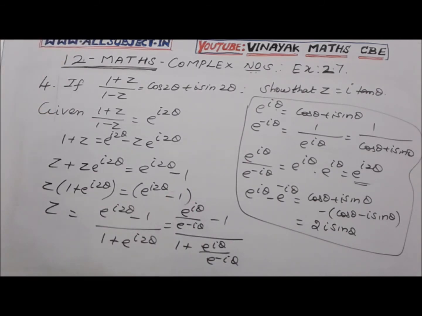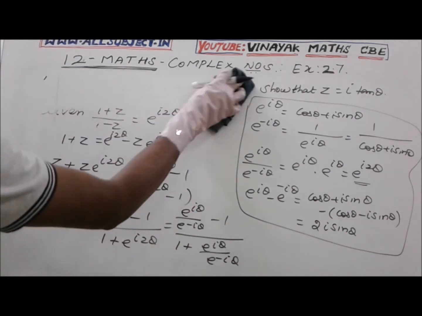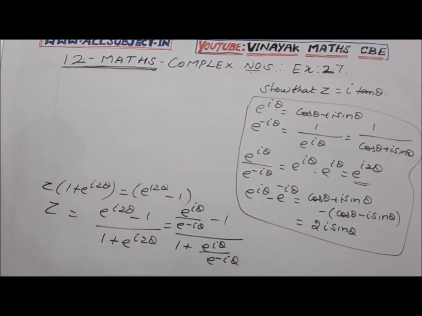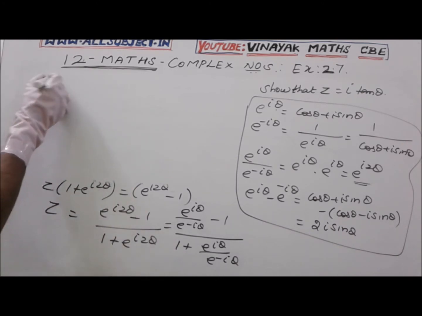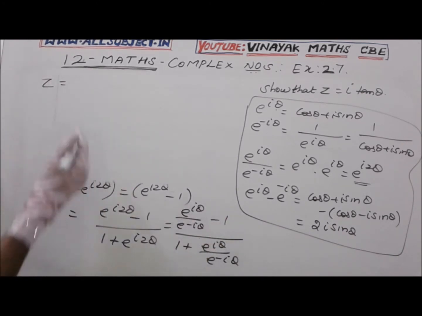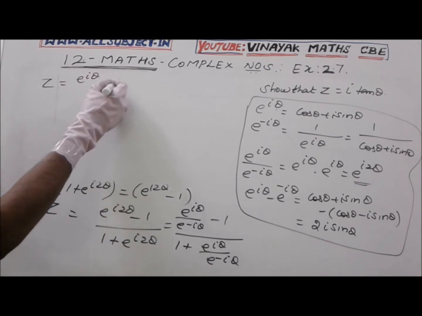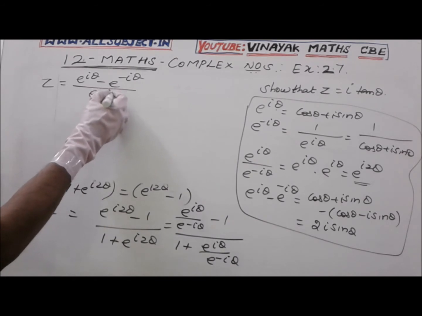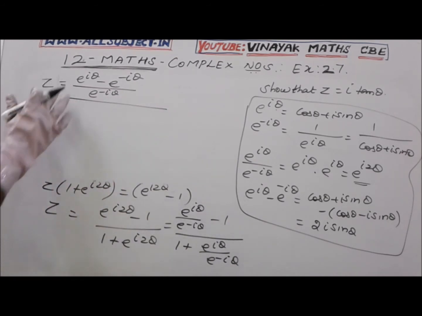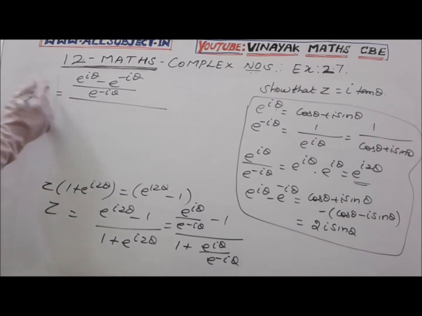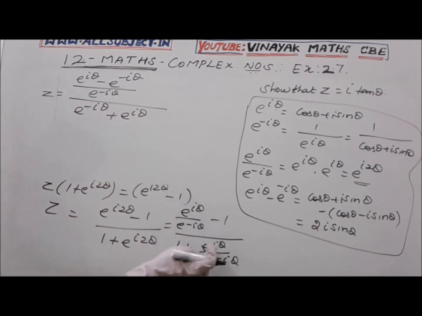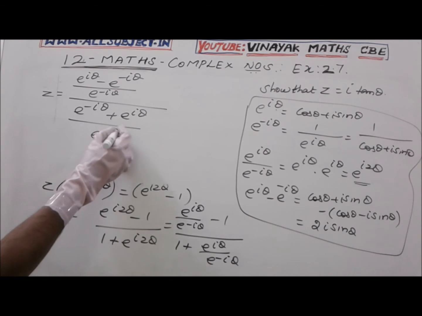By simplifying this, we'll get z equal to, taking LCM, e power i theta minus e power minus i theta divided by e power minus i theta, whole divided by the denominator, cross multiplied, e power minus i theta plus e power plus i theta divided by e power minus i theta.